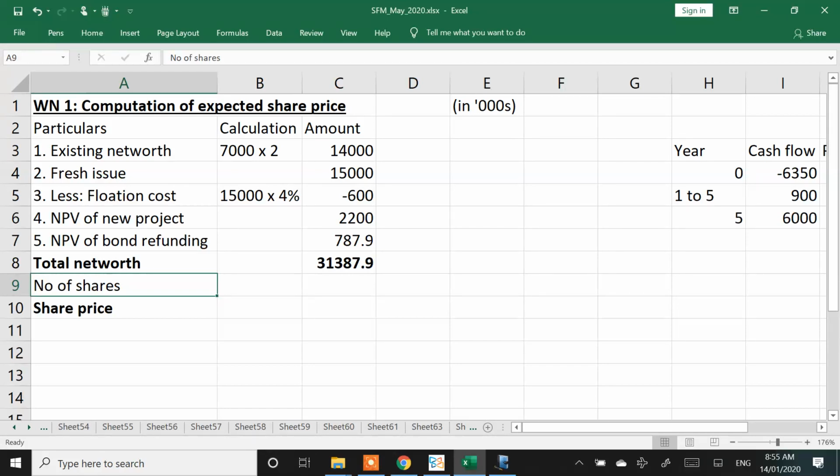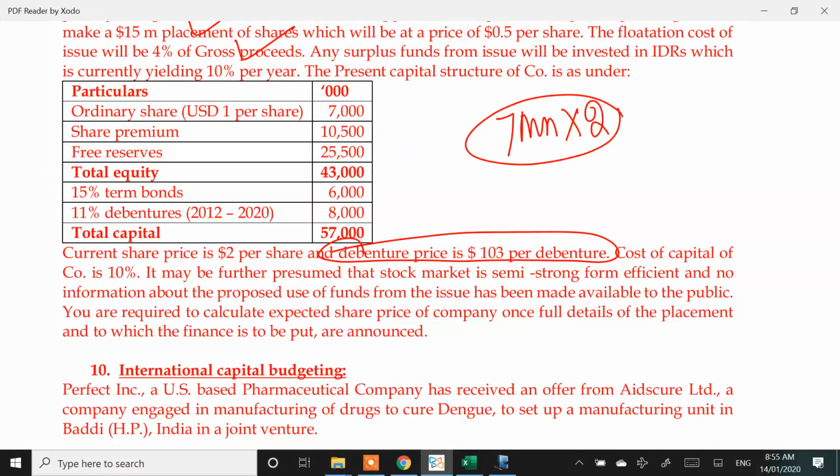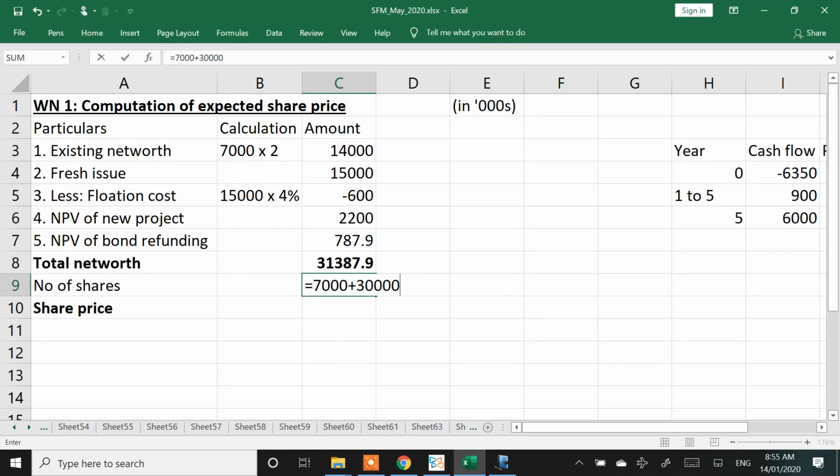The net worth post doing this exercise goes up from 14,000 to 31,387, but the number of shares will also go up. The share price may go up or come down depending on the issue price. Any doubts on 31,387? How many existing shares are there? How many new shares will be issued? 15 million divided by 0.5, which is 30,000.